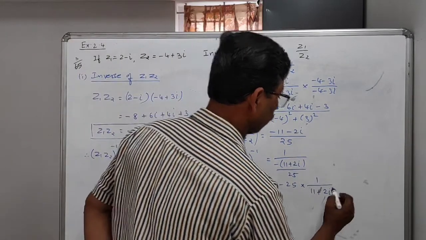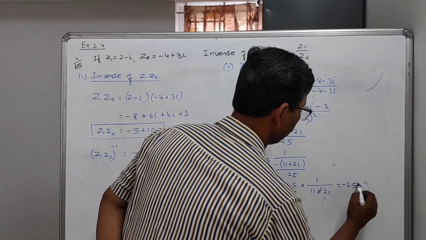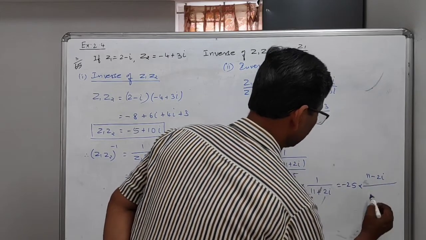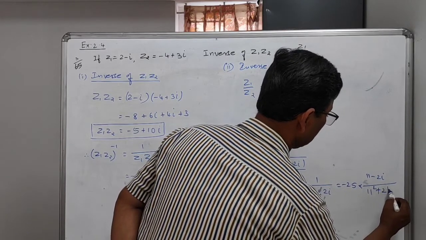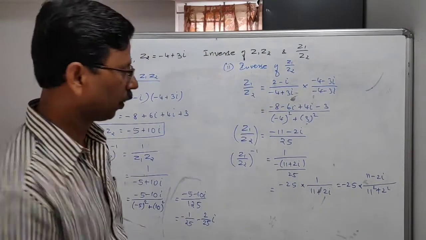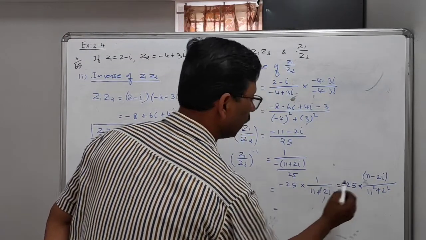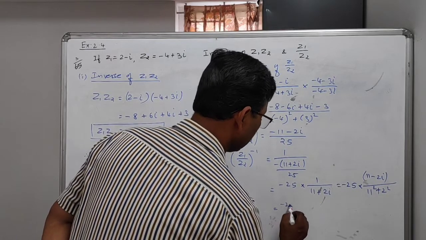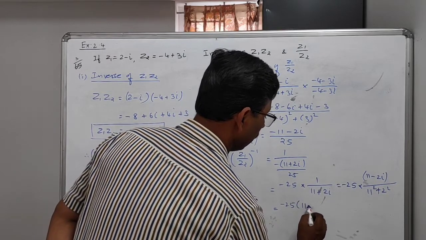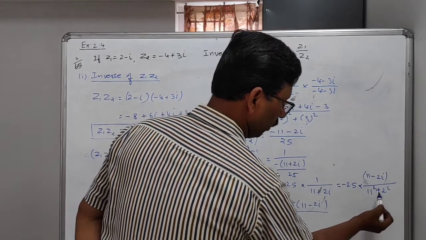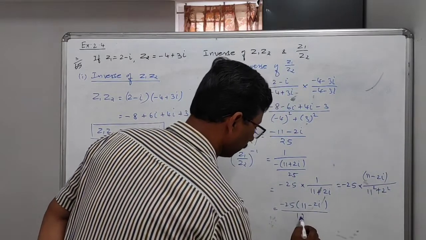Therefore that will be equal to minus 25 into 11 minus 2i by 11 square plus 2 square. Now if you consider this one, it is equal to minus 25 into 11 minus 2i by 121 plus 4, 125.